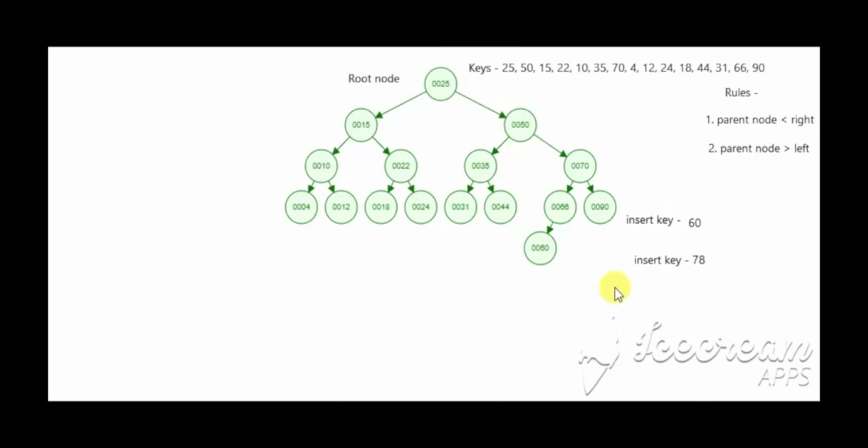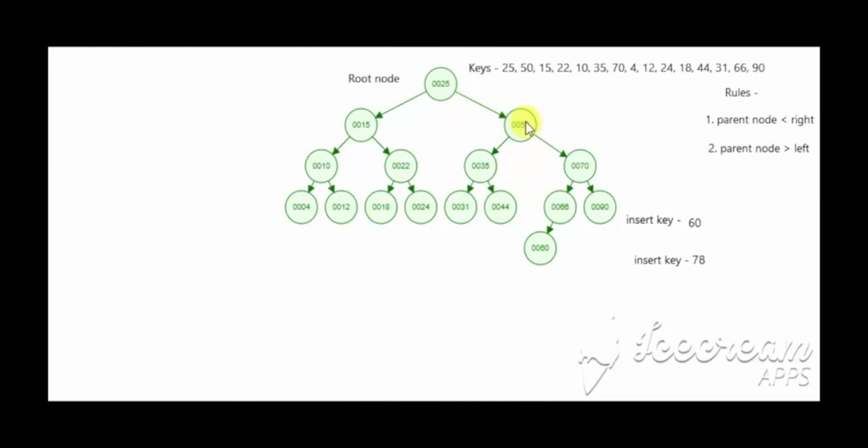If you want to add another element, 78, then this element also will be located at the end. 78 will compare with 25 first. 78 is greater than 25, so 78 will go right.